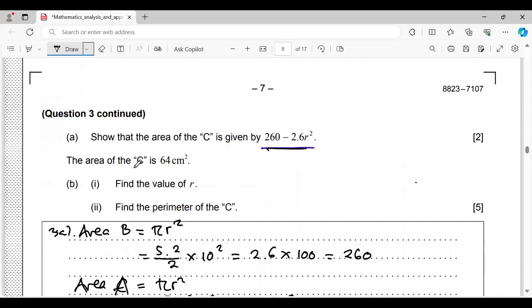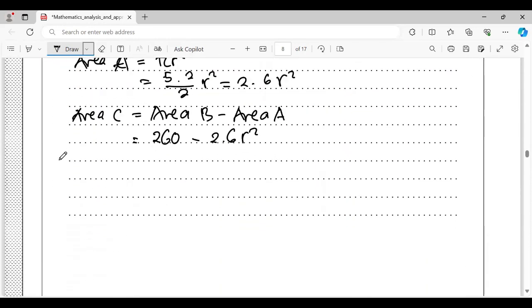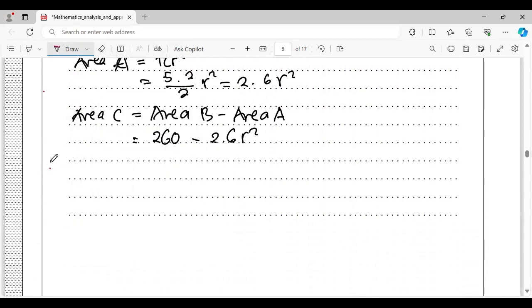The area of the C is 64. Find r. 260 minus 2.6 r squared equals 64.